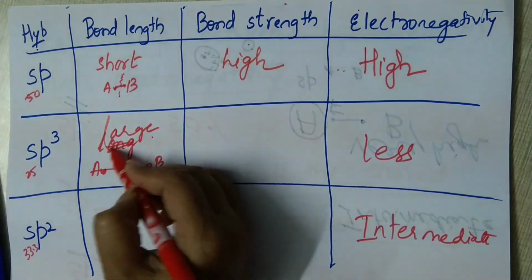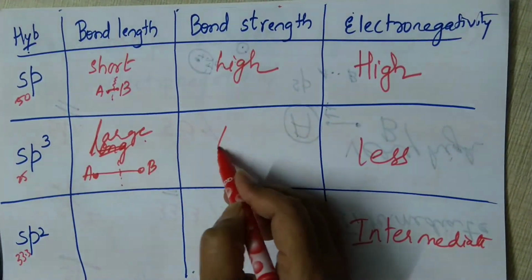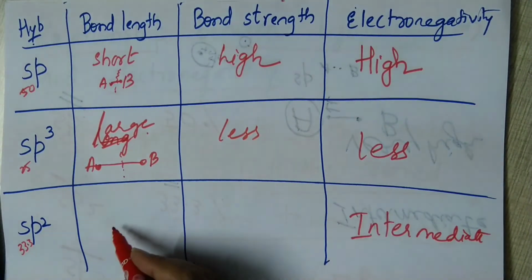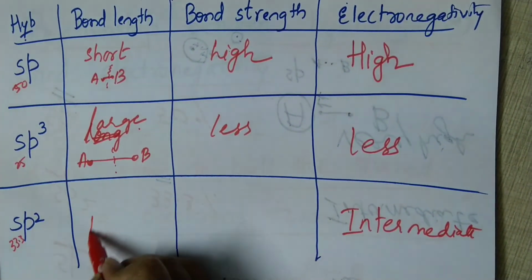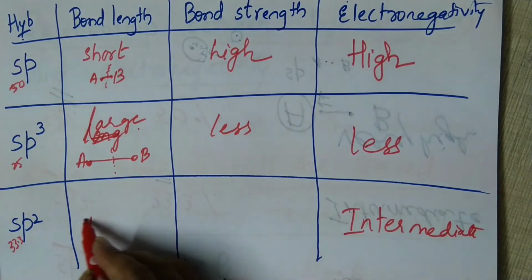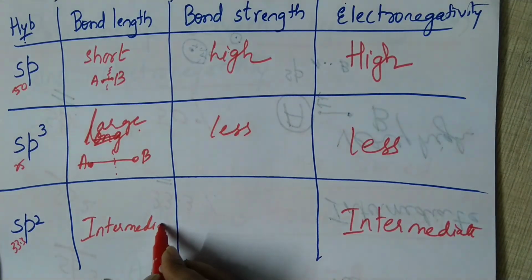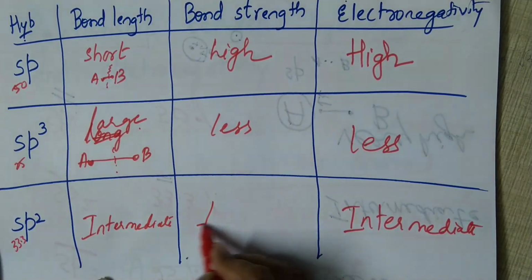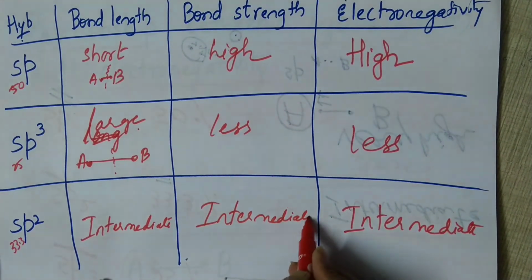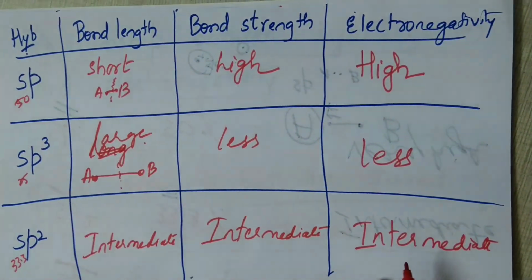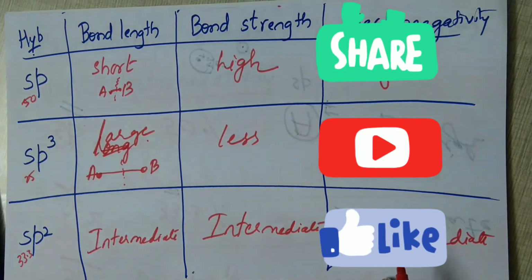If bond length is very large, energy required to break this bond is very less. And how about sp2? It is neither short nor long, it is in between or intermediate. So energy required to break such bonds is also intermediate. Hope you have understood. If you have not understood, see the video twice, thrice, you will be able to follow. Thank you.